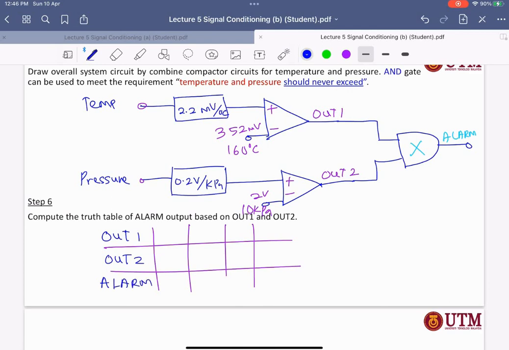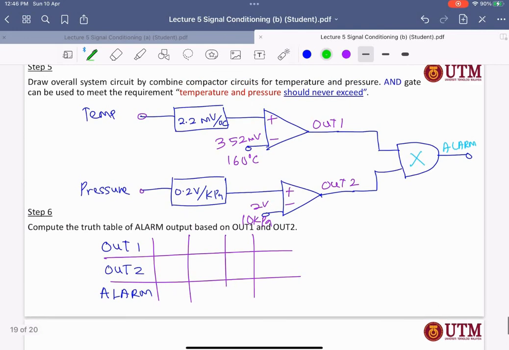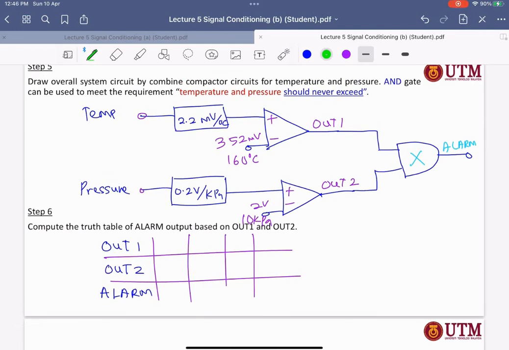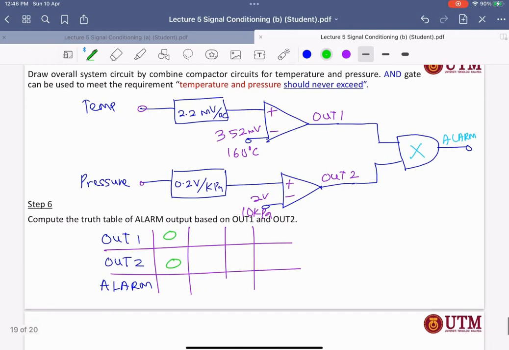The truth table will show you the condition, what will happen to the alarm. For example, output 1 you got a 0, output 2 also a 0. That means maybe your temperature at that time is 150 degree and pressure is 9 kPa. So both you will get 0, 0.